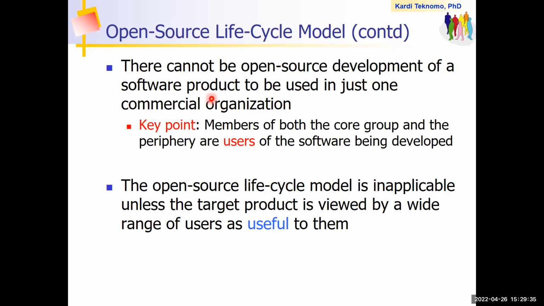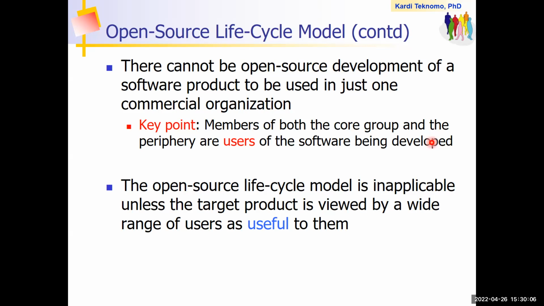So there cannot be an open source development of software to be used just by one commercial organization. The members of both the core group and the peripheral group are users of the software being developed. Look at it this way. If you develop a software and you are the one who uses it every day, will you improve it? Yes, of course.